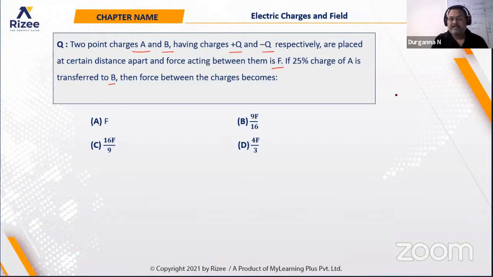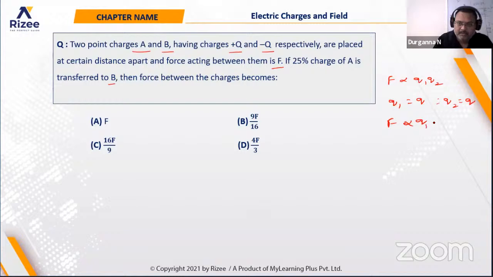As the distance is going to be the same, and we know that force is directly proportional to the product of the charges, based upon this you can go for this one. The charge Q1 is equal to Q, and the charge Q2 is also Q. Then the initial force is proportional to Q1 into Q2, which is Q square.